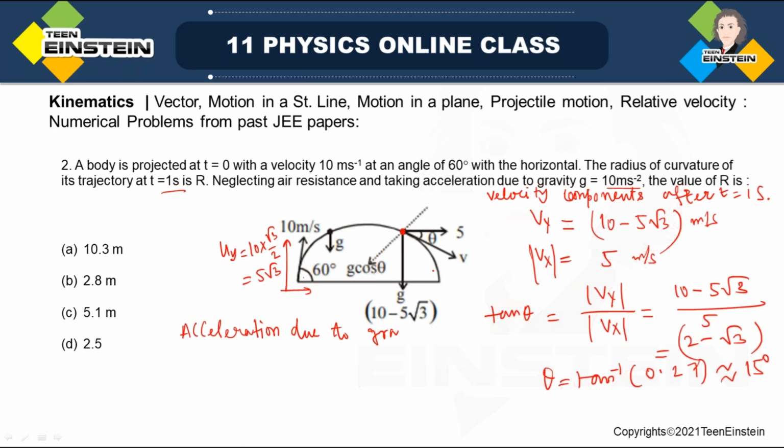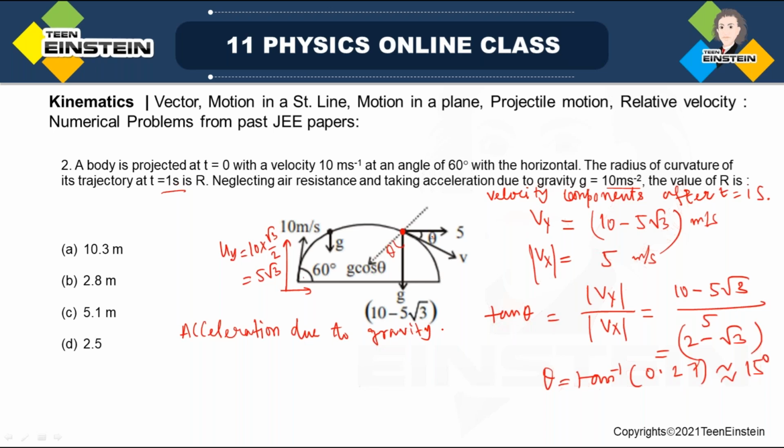If we just consider this as a nearly circular kind of curve, then if this is theta, this also will be theta. So this g cos theta is actually giving us the necessary centripetal force or centripetal acceleration.